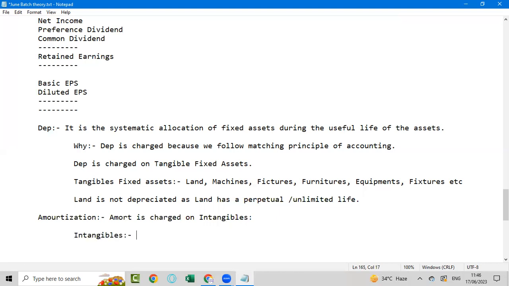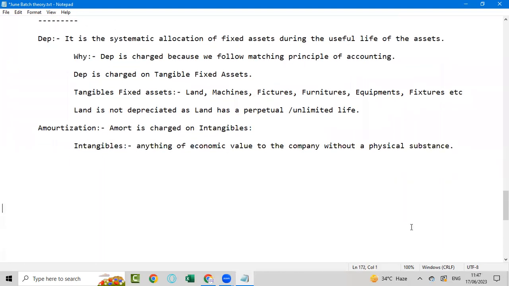What are intangibles? Anything of economic value to the company without a physical substance.